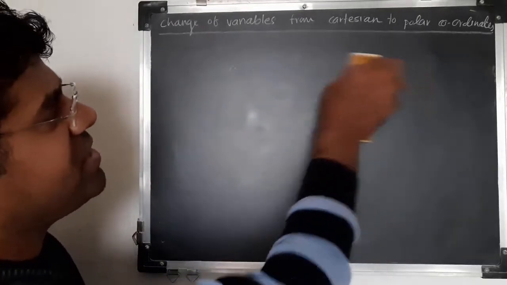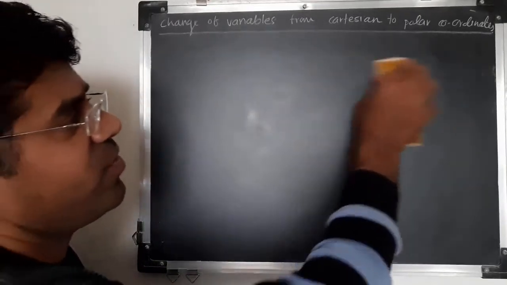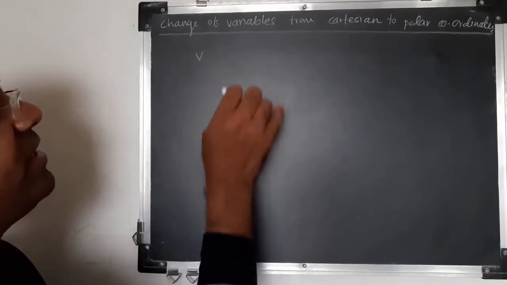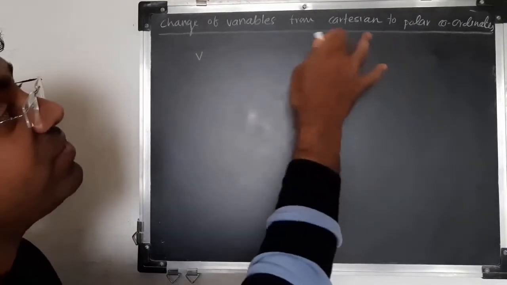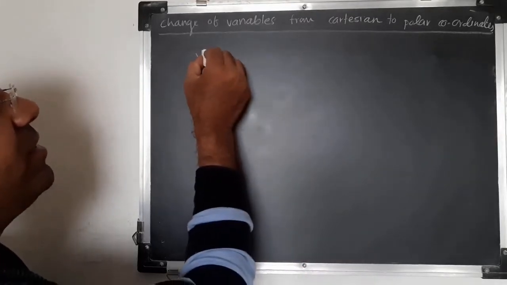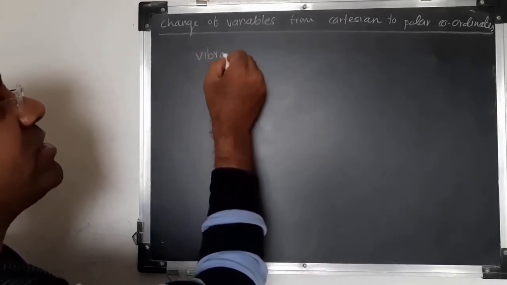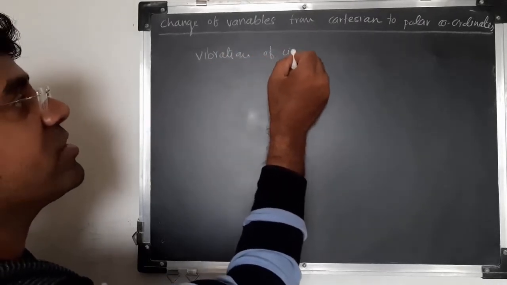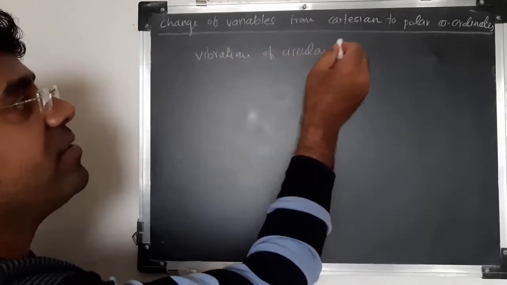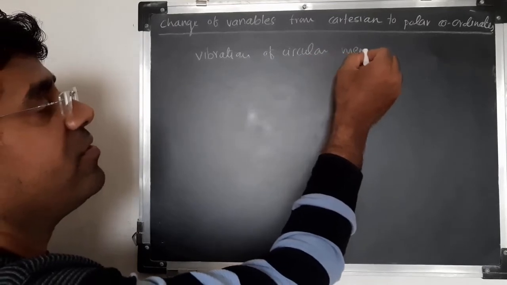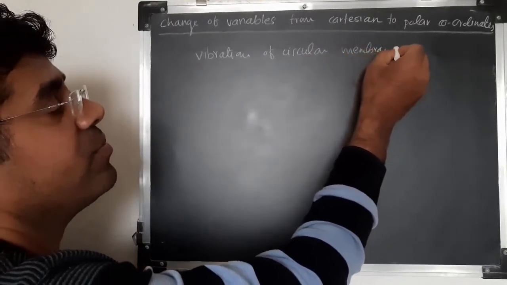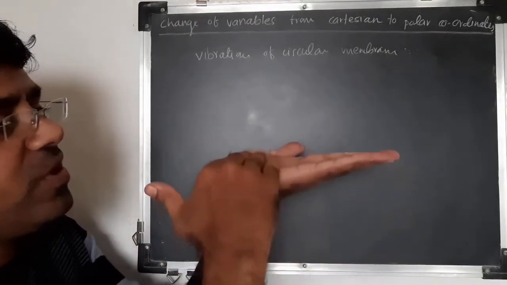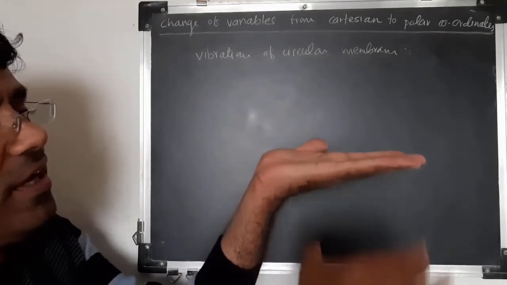So what is the basic problem from a physics point of view? First, let me show where we can use such a system in physics. This is the vibration of a circular membrane. Suppose this is your circular membrane, and here is one pipe.